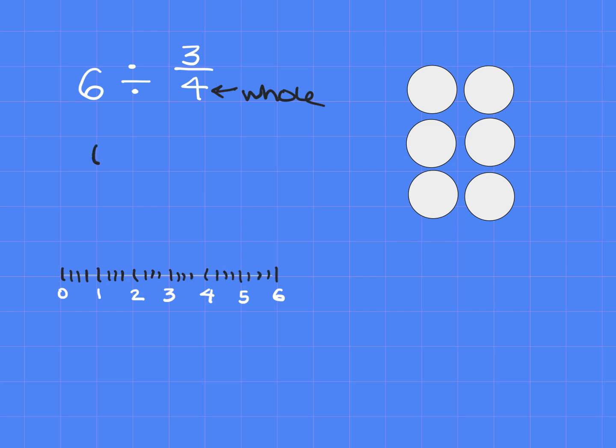So what's happening is these 6 wholes got broken up into 4 parts. So those 6 pieces each have 4 parts, which basically means that we made 24 1/4 pieces. That's really what we did here. And now the numerator tells us how many pieces we have. So we have 3 of those 1/4 sections, so we're going to color in 3 of them.